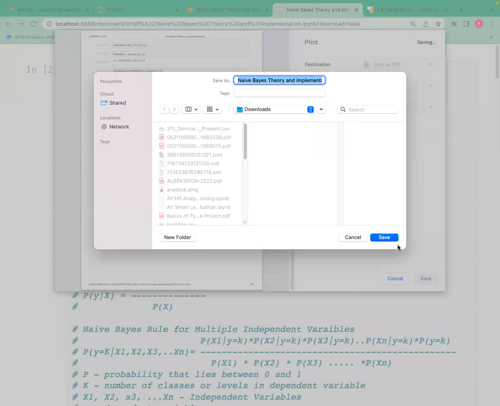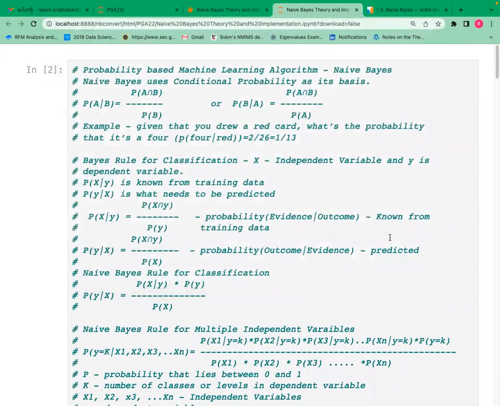Yesterday's notes I have shared now. Just check.